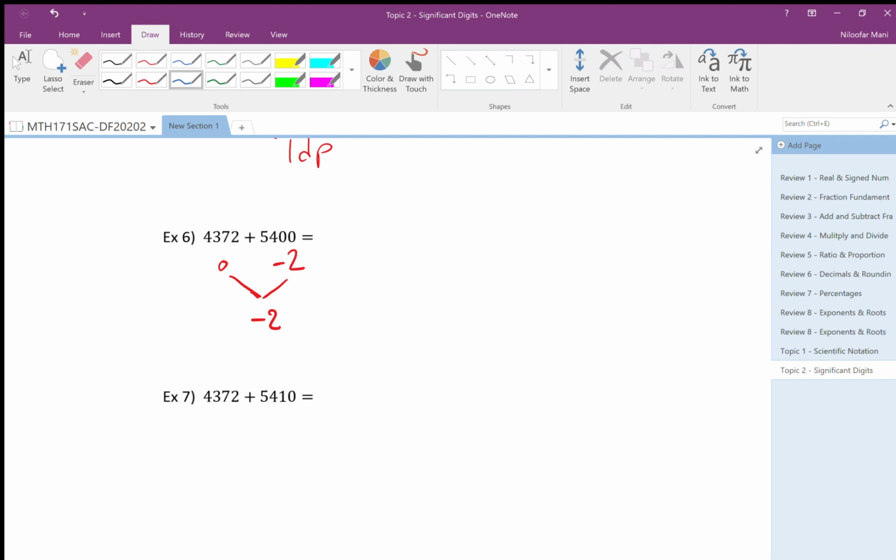So I can say the answer is 9772, and then because it said -2, you underline that and check that it is 9800. Look at those 2 zeros.